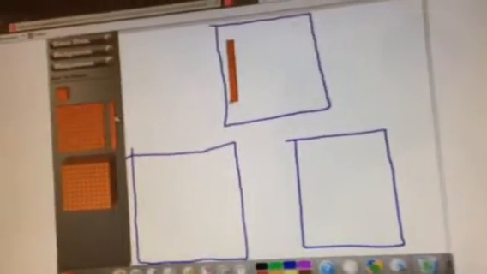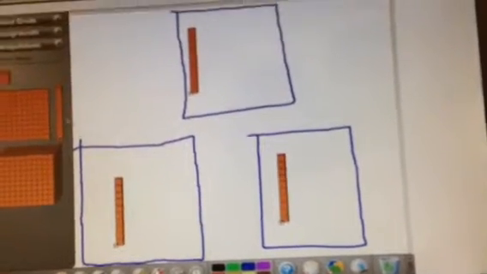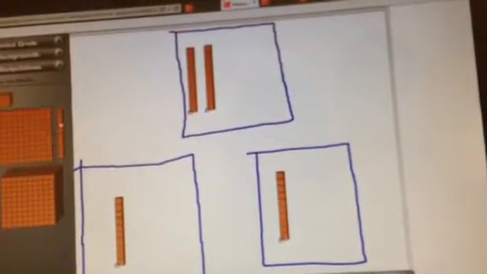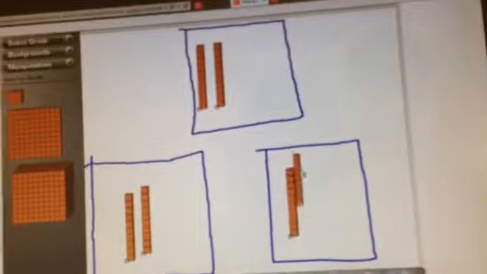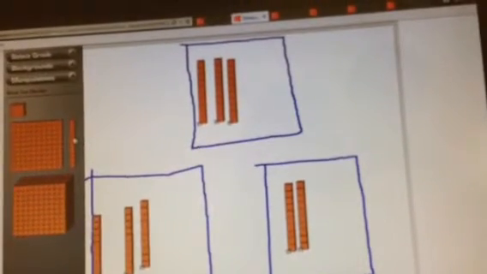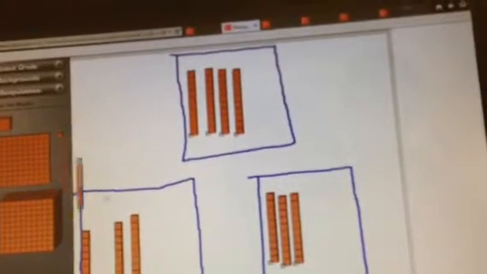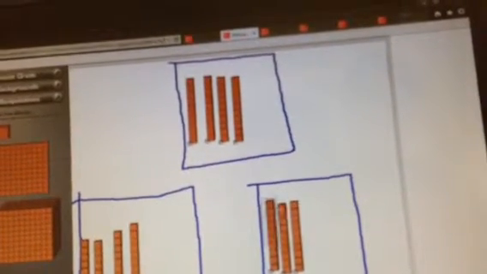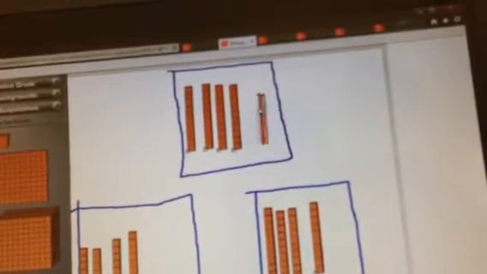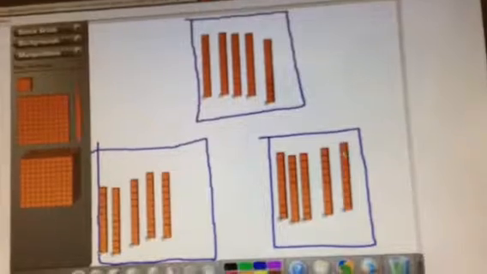So we have 16 of them. 1, 2, 3, 4, 5, 6, 7, 8, 9, 10, 11, 12, 13, 14, and 15.